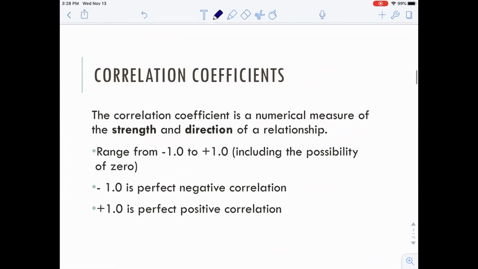So, some facts about the correlation coefficient. The correlation coefficient is just the thing that captures the correlation, right? It is a numerical measure of the strength and direction of a relationship. If we take it back a little bit, at the very beginning of the term, we talked about one way that we could visualize the relationship between two variables: a scatter plot.